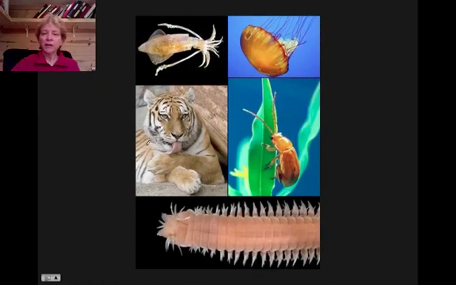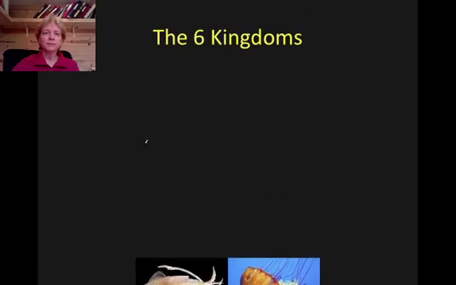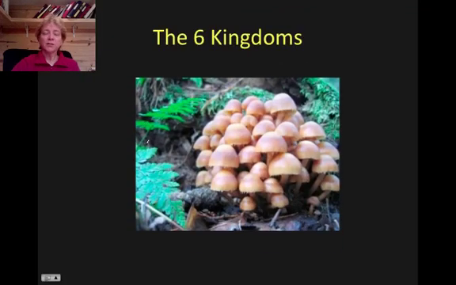There's our animal kingdom, a variety of animals. There's our fungi kingdom. Now, even though I'm just showing mushrooms, this also includes molds as well. Certain types of mildews will fall in here along with the mushrooms.